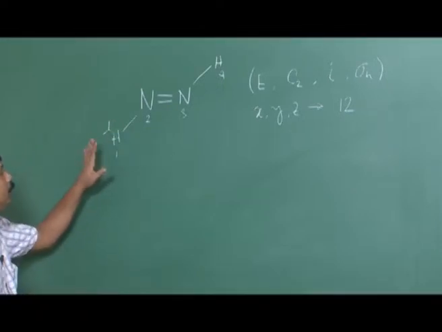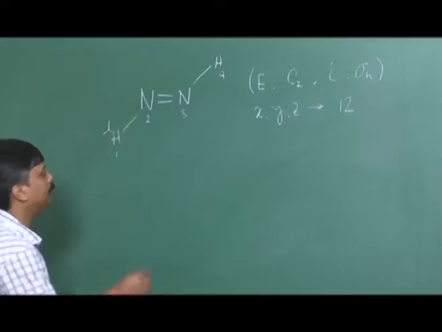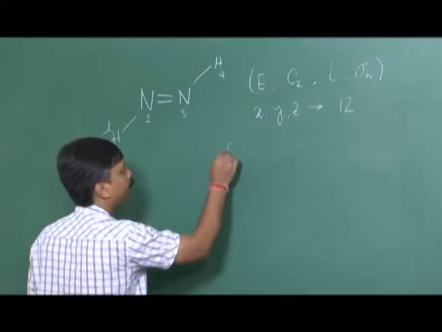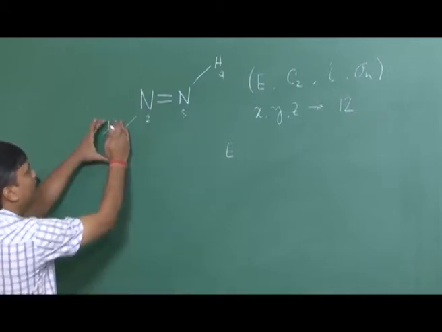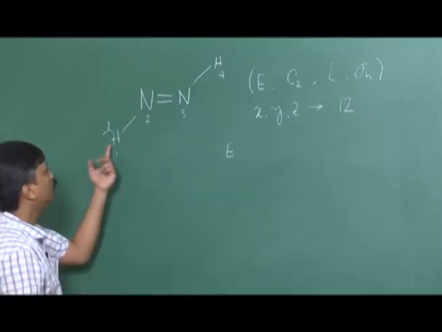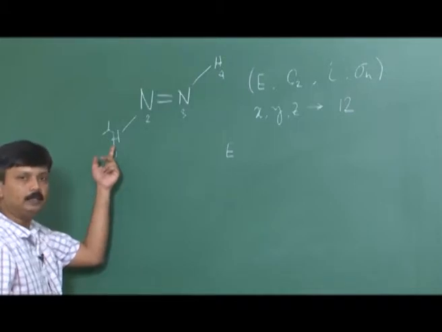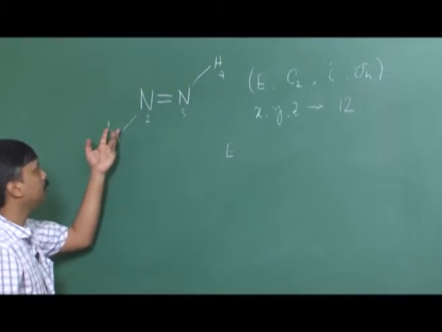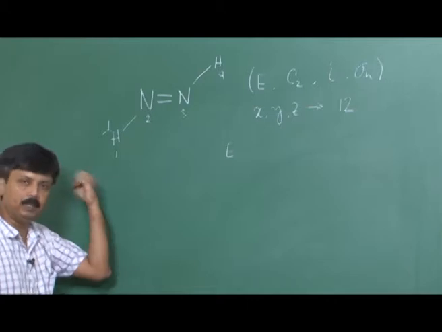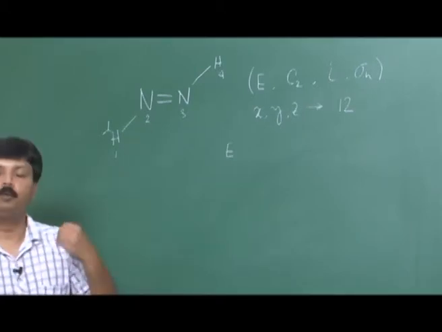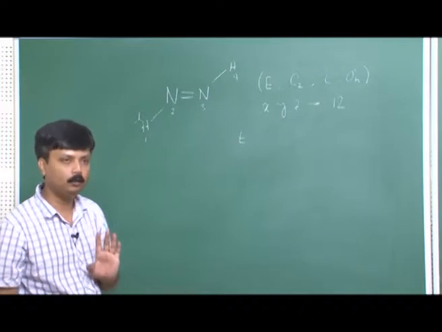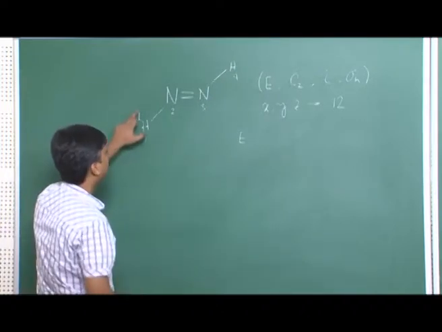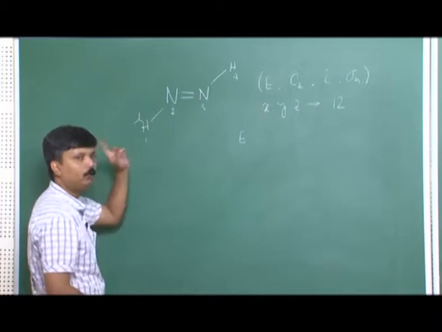So, for example, for any operation, take an example of identity. If I operate identity on this molecule, let us concentrate only on this hydrogen atom. This one will remain unchanged, unshifted, right. So this atom and any basis functions on that atom will contribute 1 each to the overall character. So x1, y1 and z1 will contribute 1 each.